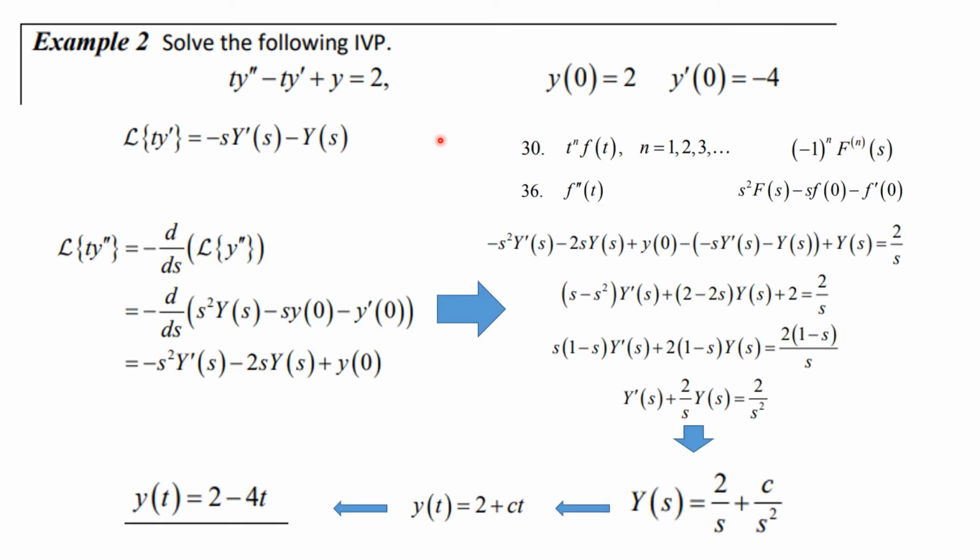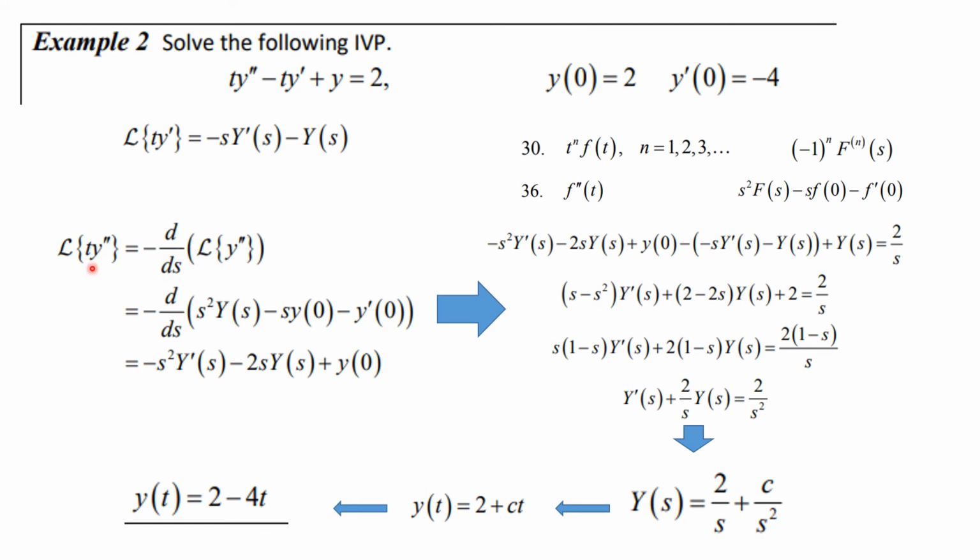Okay, so now on this one, this is what we did in the first one, and that works for this term. But we're going to also apply that formula to the Laplace transform of t y double prime. And you see what we're really doing is we're letting y double prime in formula 30 be f.